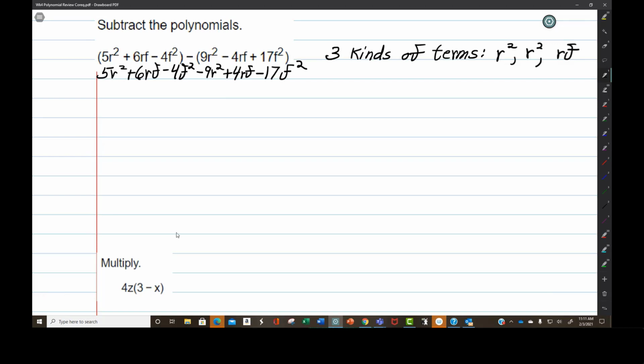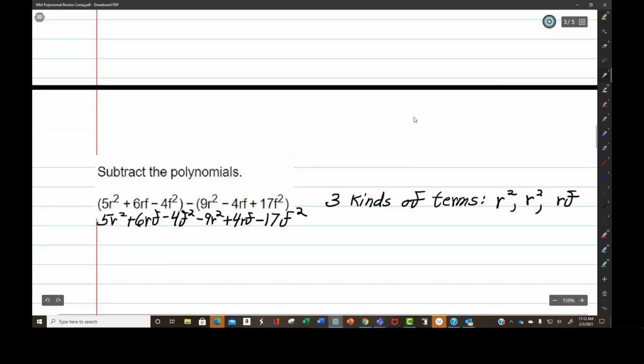So now I don't start combining like terms until now, when all the parentheses are gone. And I can't just make them disappear. Not when I'm subtracting.